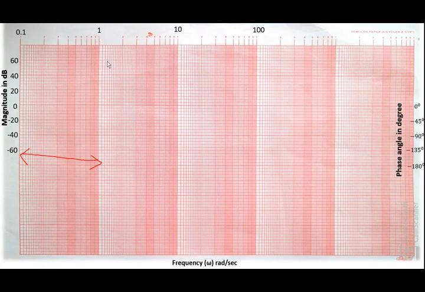And in the second decade also, we can observe that the starting value is 1 and the next value is 10. So it is a multiplication of 10. This is also another decade, and throughout the x-axis you will have multiples of 10. So each division is called a decade, and it is a non-linear scale.